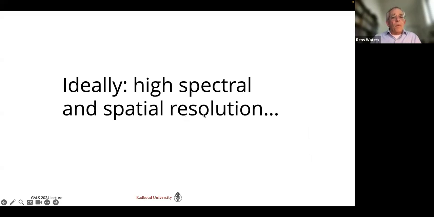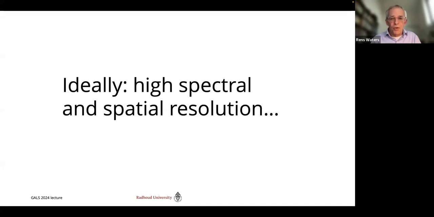Okay, so much for a brief recap of what Ted Bergen talked about last week, and of course now we want to observe all of this spectral diagnostics with telescopes, and ideally, if you point the telescope at the sky, you would like to have an instrument that provides you with very high spectral resolution and very high spatial resolution, and you can study your object in as much detail as you want.